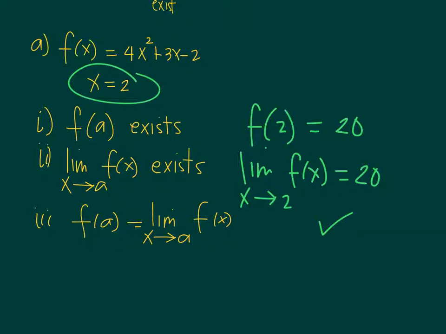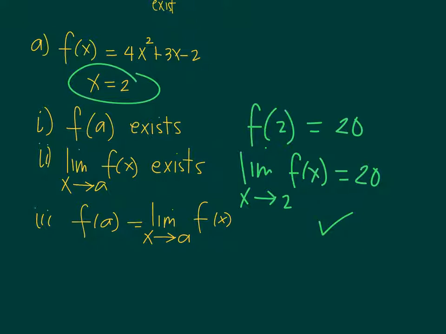So even without checking, well, you only do this if the problem says perform the 3 steps to verify. But in your mind, you already know it is continuous. You're just showing a proof, because it will never be discontinuous at any number. A parabola's domain is from negative infinity to positive infinity. No gap. So it's continuous.